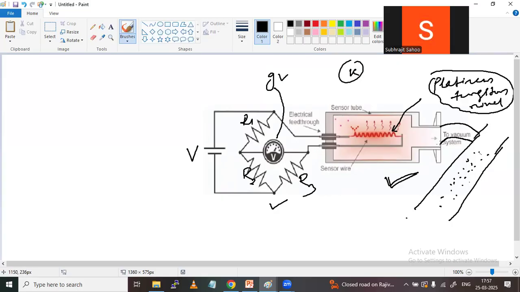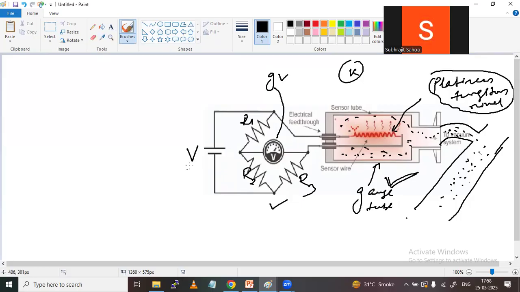Once I connect it, the gas molecules will start entering the gauge cell. This is called the gauge tube or sensor tube. It will enter the gauge tube.